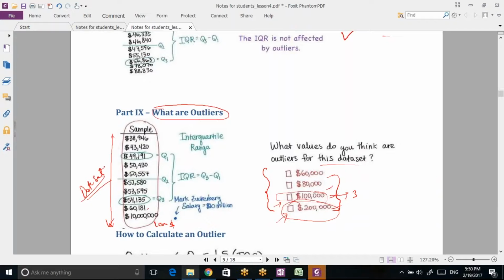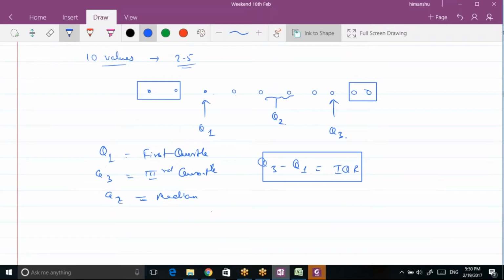If you say 80,000, Jayashri, then 1 lakh will also be an outlier and 2 lakh will also be an outlier, because they are even more than that. So basically outliers are extreme values. But how extreme? We need a formal definition to calculate outliers.